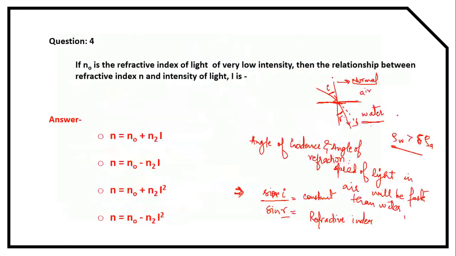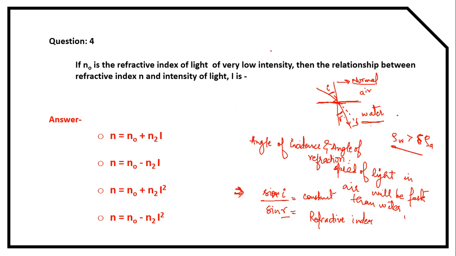Okay, now we'll come to our question. What our question says is, if n naught is the refractive index of a very low intensity beam, then what is the relationship between the refractive index n and the intensity of light? This effect is only applicable for light beams which are of comparatively high intensity.